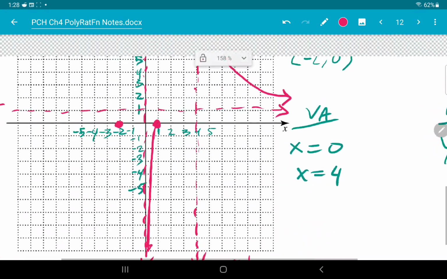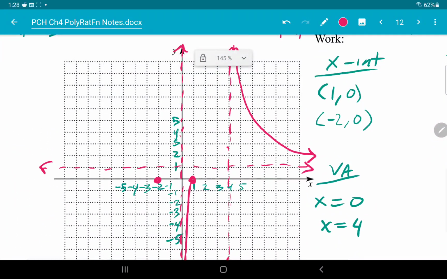And also, because I have no other x-intercepts, my graph can't come back down like this. That's not possible. I have no x-intercepts here. So the only solution is to come up and go to positive infinity as we work towards the other vertical asymptote, just like that.